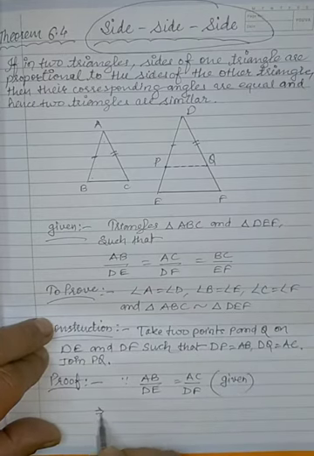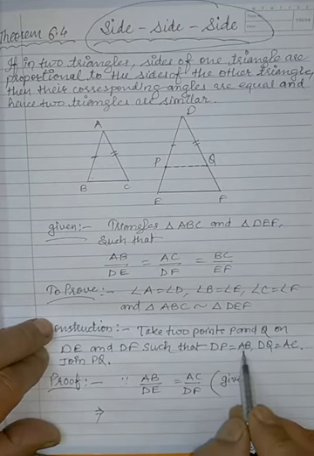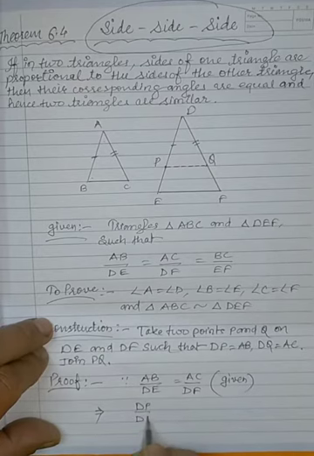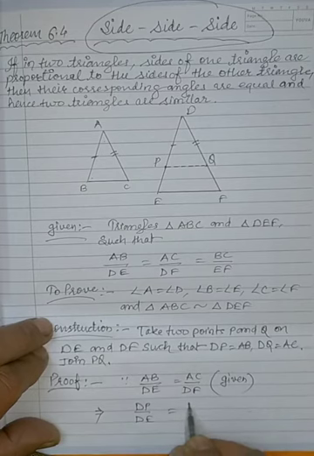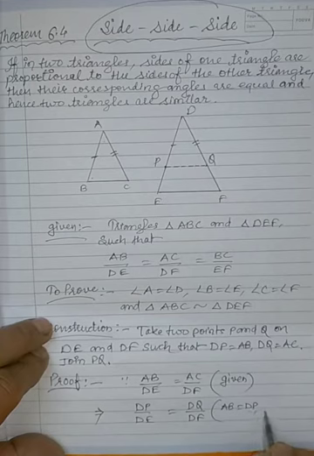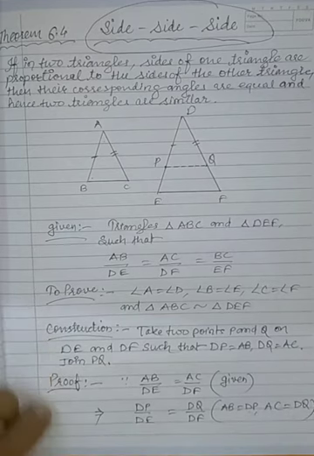That implies we can replace AB by DP and AC by DQ. So DP upon DE is equal to DQ upon DF, since AB is equal to DP, AC is equal to DQ by construction.